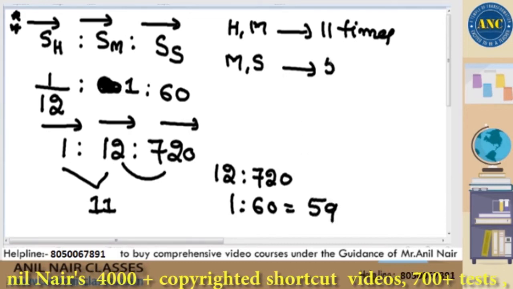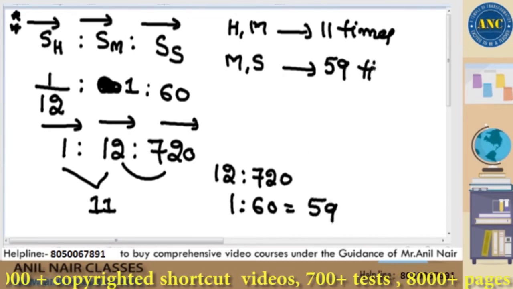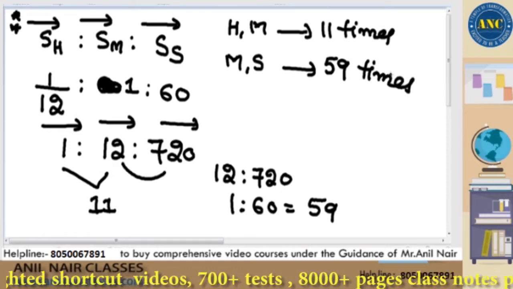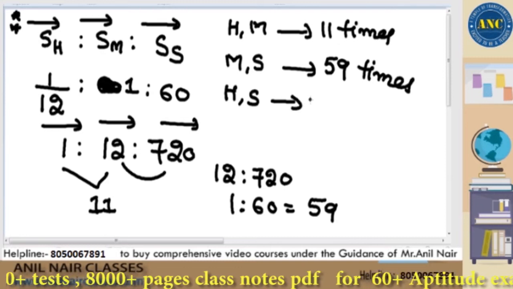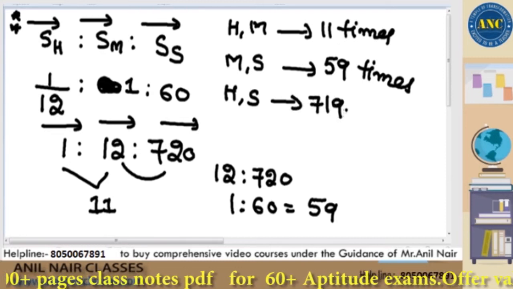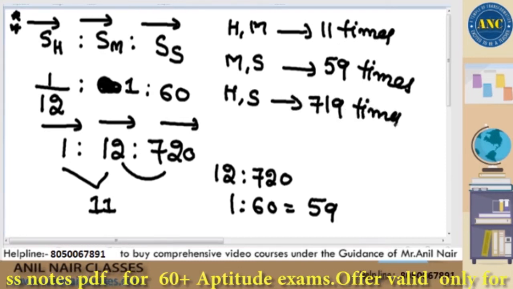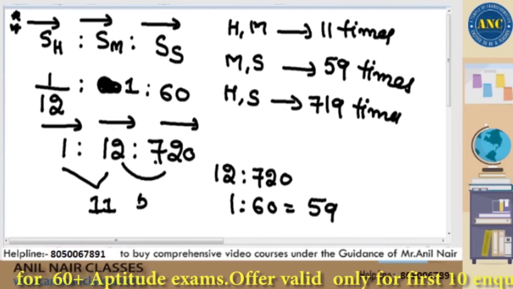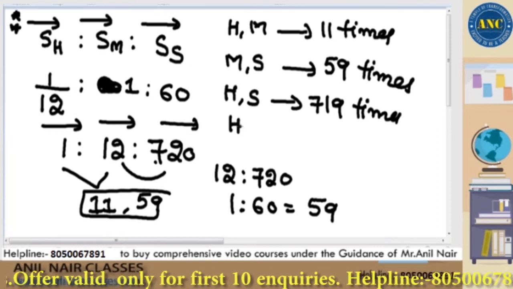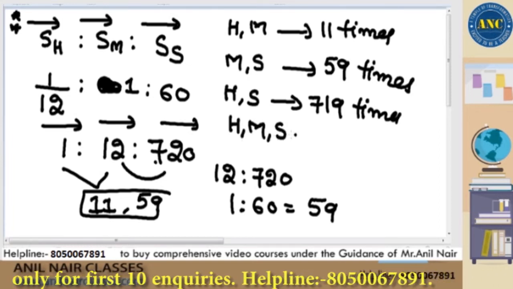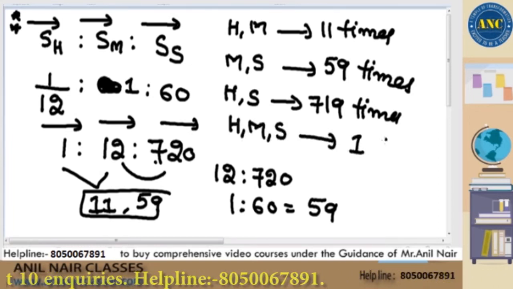Minutes hand and seconds hand, they are going to meet 59 times. Hour hand and seconds hand, 1:720, it is 719 times. This is 1:60, 59, 11, 59, HCF is 1. Hours hand, minutes hand and seconds hand, they are going to meet only one time.